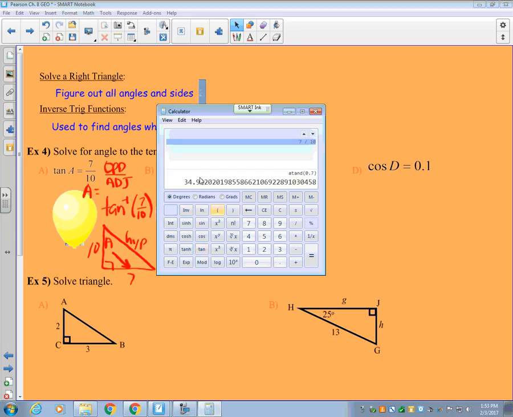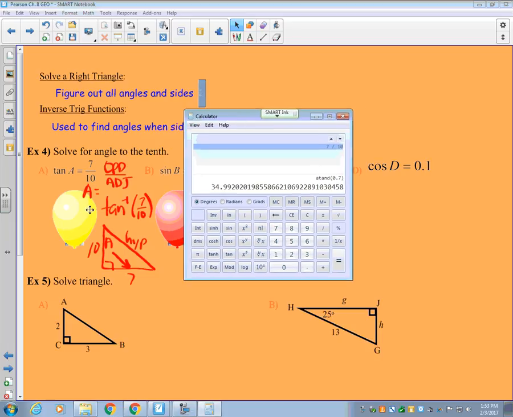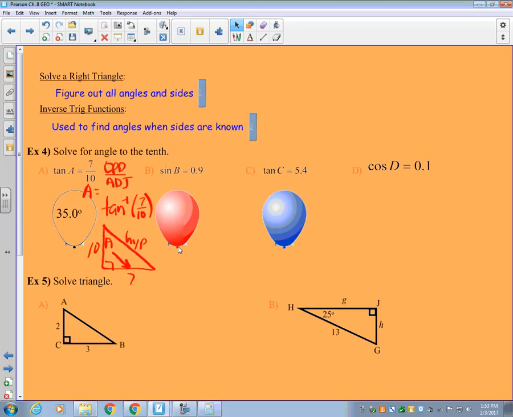So when we plug that into our calculator, we get 34.99. We want to round this to the nearest tenth. So this 9 rounds to a 10, which rounds this 4 to a 5. So our answer is 35.0.